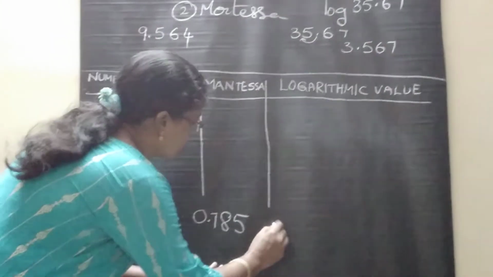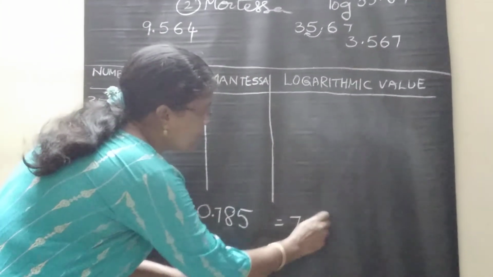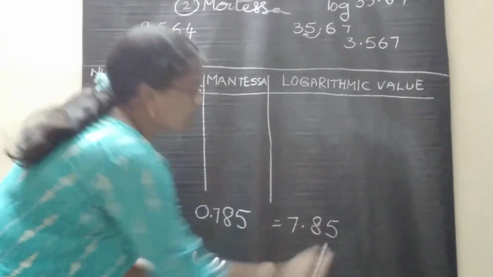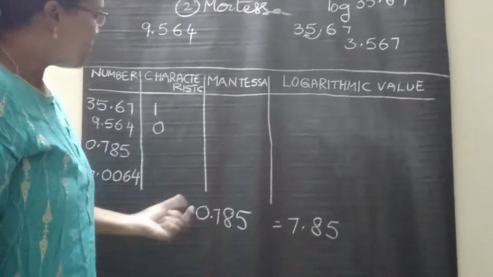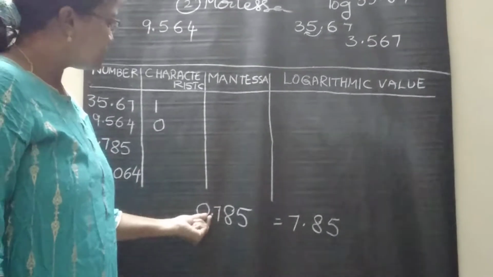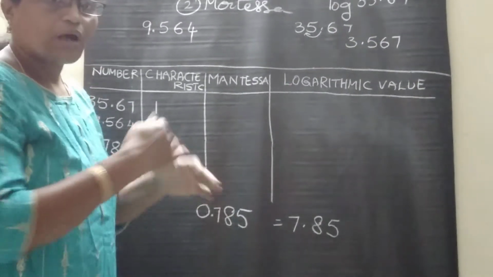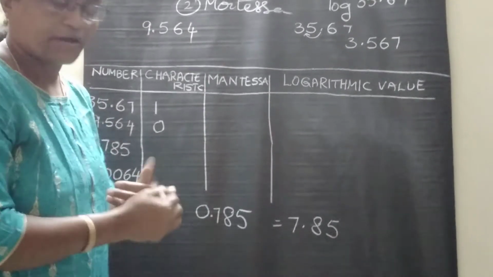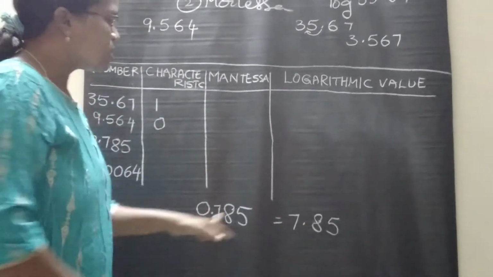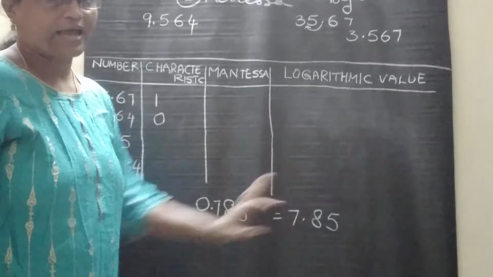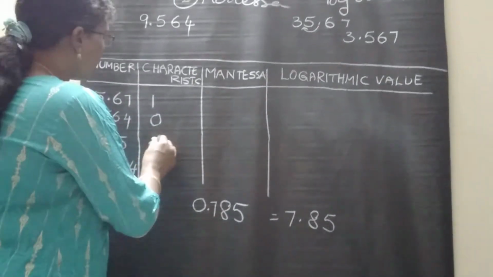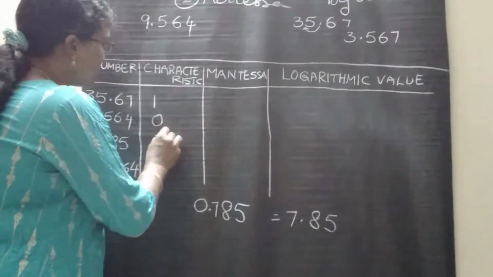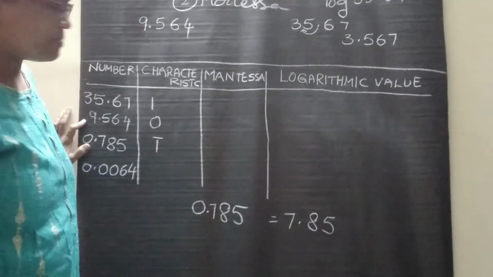The scientific notation is 7.85. But here we move the decimal in the opposite direction, so we take the characteristic as -1, that is, bar 1.